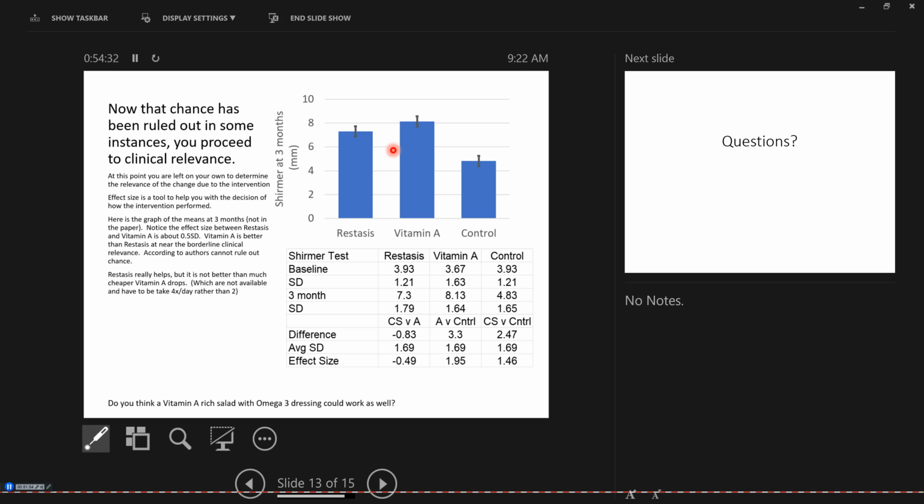See, my question is, do you think a vitamin A rich salad with omega-3 dressing could work as well? I mean, that's what I would try. I would see if that works. Now, my wife does not like fish. I can't get her. So she's just going to keep crying for the rest of her life when she walks outside. Fine.